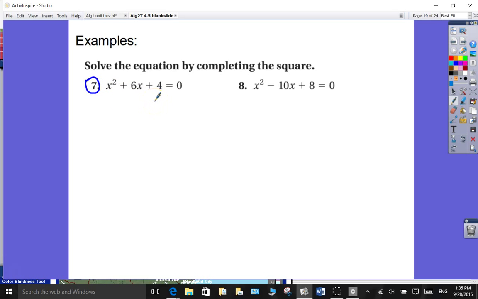Subtract 4 to the other side. X squared plus 6x, and I'm going to leave a space so that I can add a number there. Equals -4. Okay, now I need to complete the square on the left.